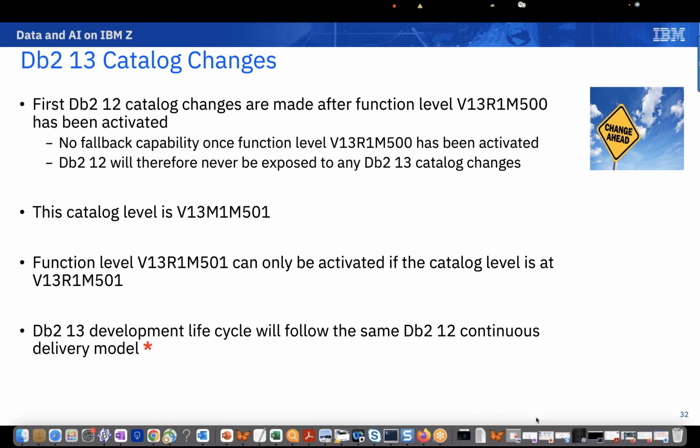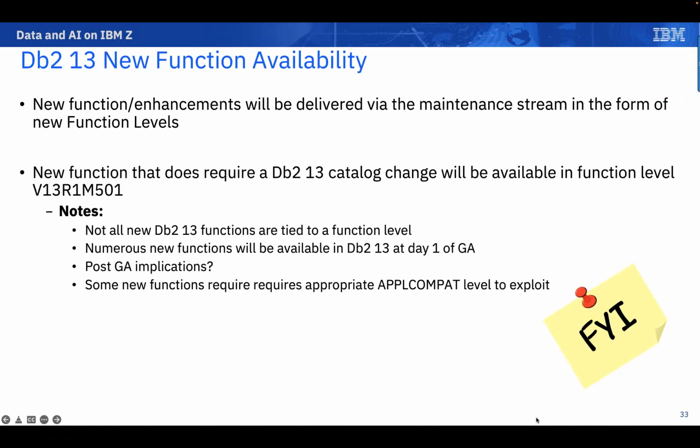So next chart, please. New function enhancements will be delivered via the maintenance stream in the form of new function levels, like they were in version 12. New function that does require a version 13 catalog change will be available in function level 501. So in version 13, new function is available in essentially 3 different function levels.